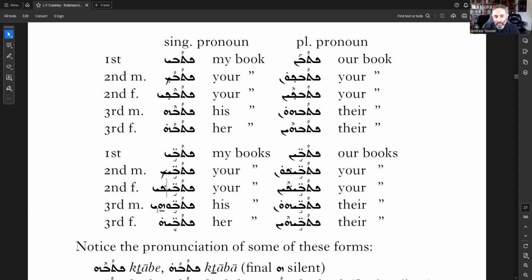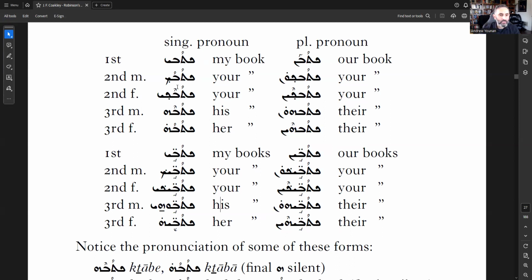Kthawau, this is how this is pronounced. The he and the yod are silent. Kthawau, his books. Kthaweh, her books. Kthawain, our books. Kthawaikon, your books; kthawaiken; kthawaihon, kthawaihen, their books.